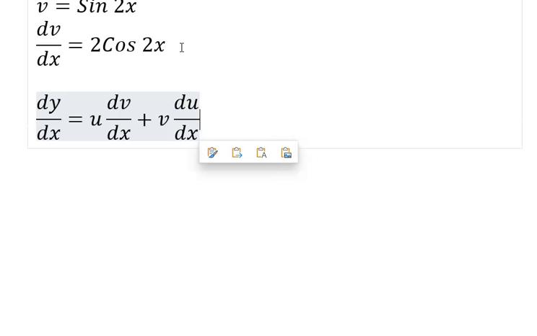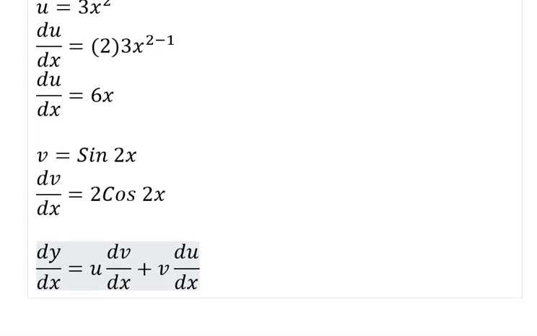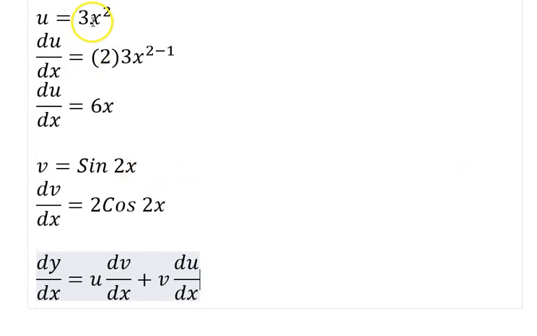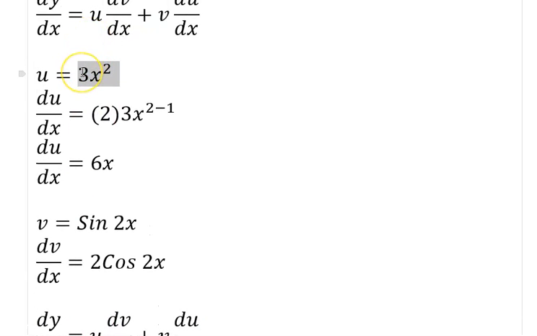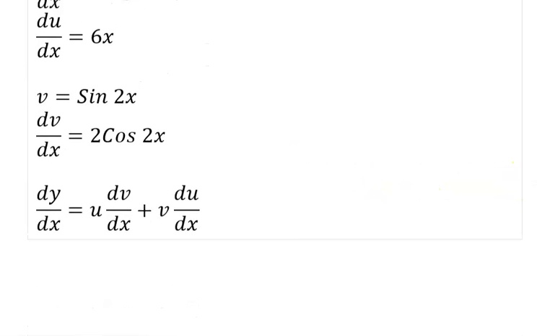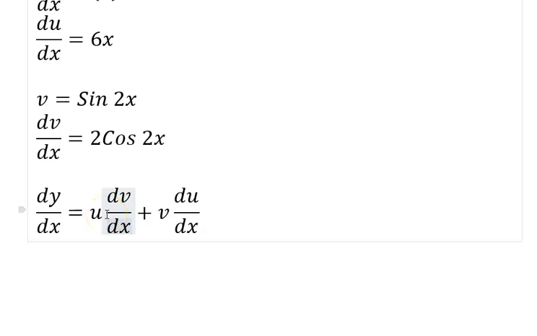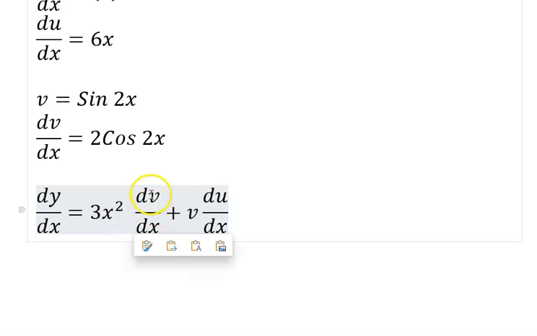With this, our dy dx, what's our u? Let's impute the values we've gotten. This is our u, 3x squared.